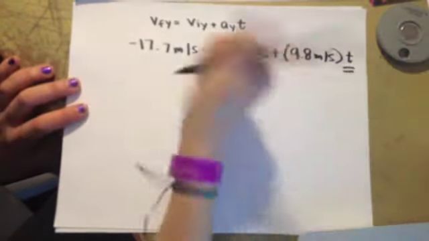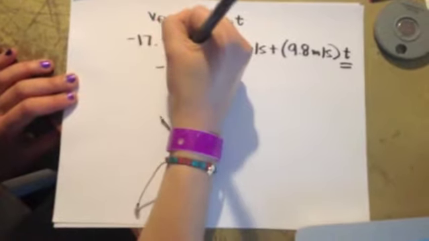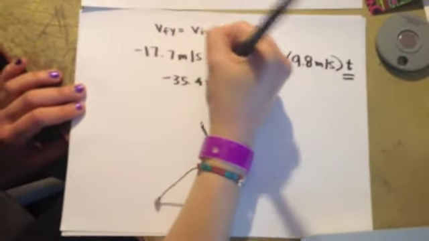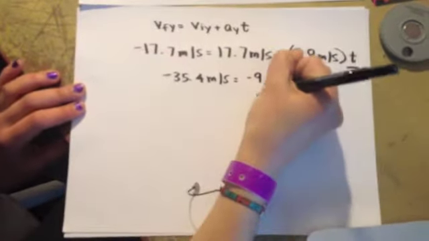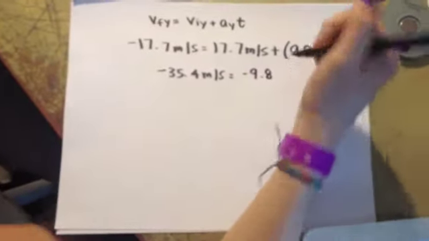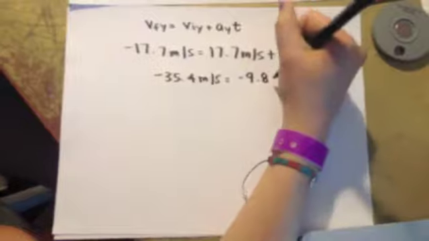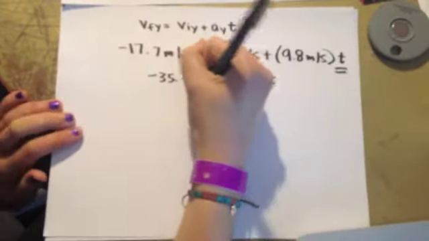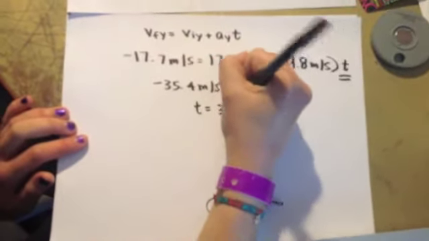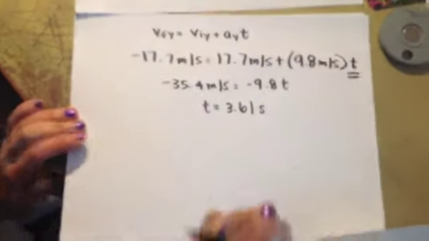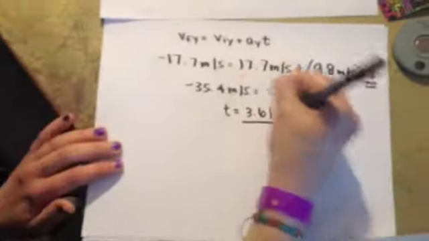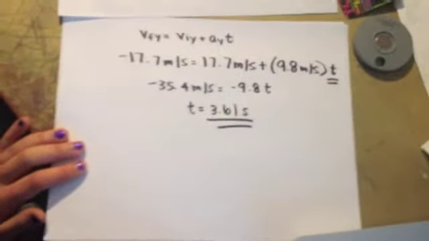So you just solve the equation. This is negative because gravity always pulls in the negative direction. We found that the time is 3.61 seconds, so the total time of flight for the arrow is this number that we just found.